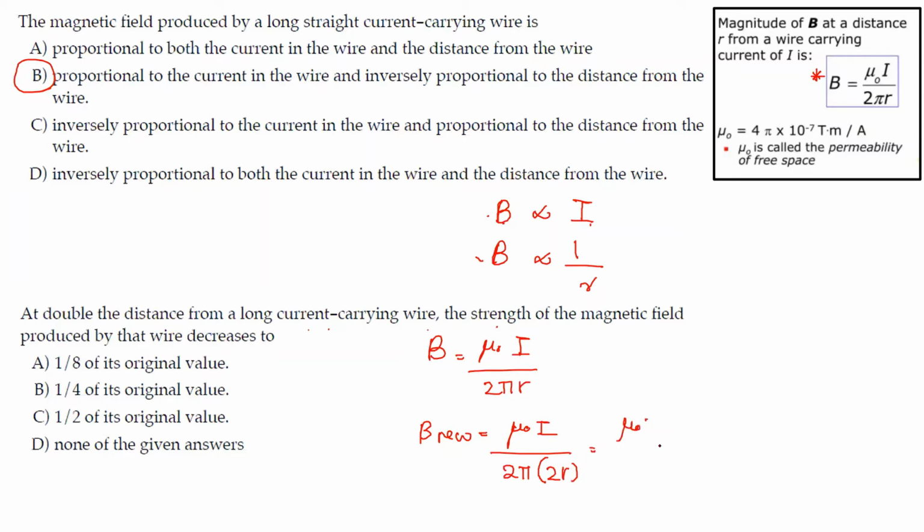Mu naught I divided by 2 pi r, this is your old B, and you have a 2 here, right? So you have a half here. So the new magnetic field is half of the original value. So this is half. Okay. So this was easy, right? This was just getting familiar with the equation.